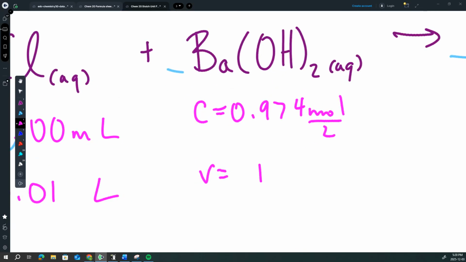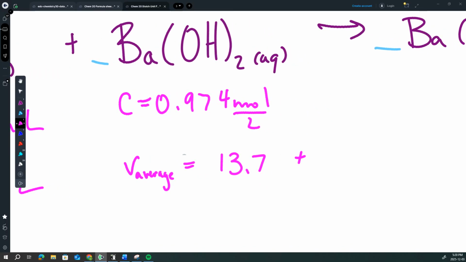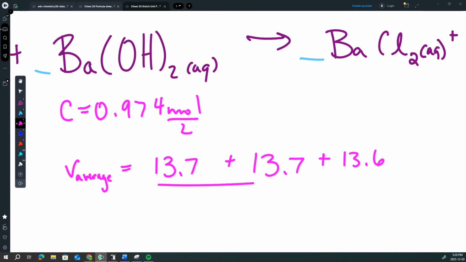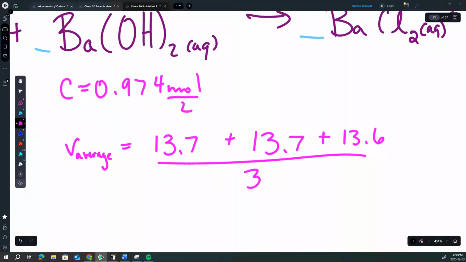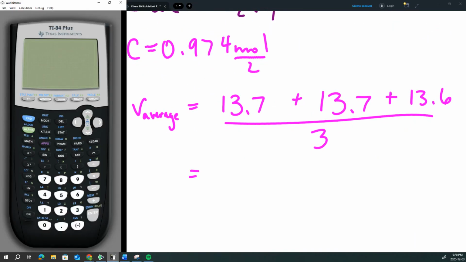Okay, so actually, let me fix this. Average is equal to 13.7 plus 13.7 plus 13.6, divided by 3 because we were doing 3 trials.